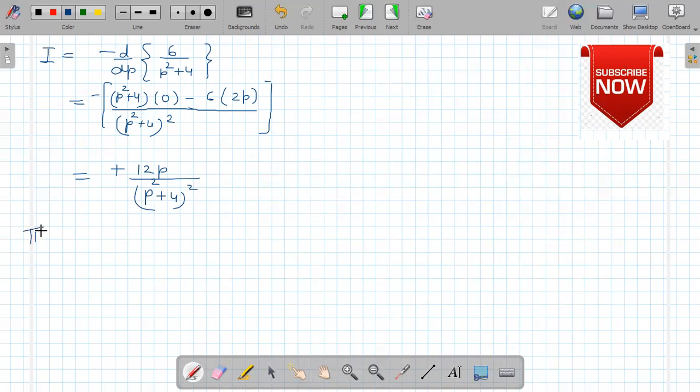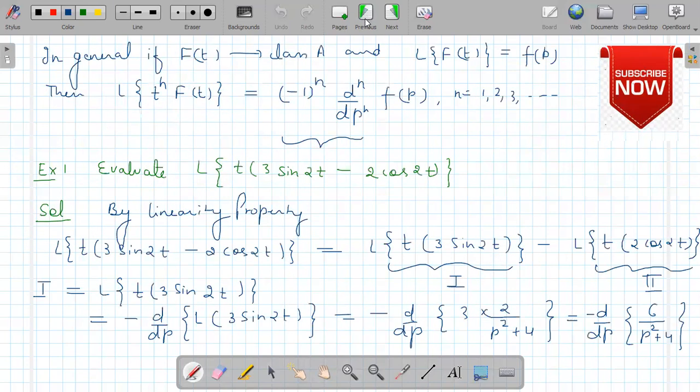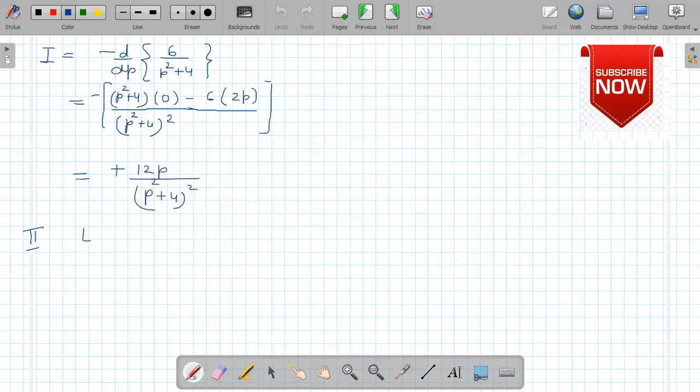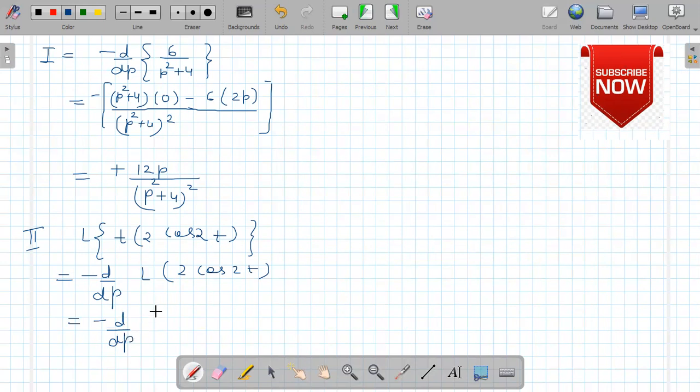Let me take the second expression. Second is with negative, Laplace transform of t into 2 cos 2t. Because of this t, we have minus d over dp, and Laplace transform of 2 cos 2t. So it is minus d over dp of 2 into p over p square plus 4.